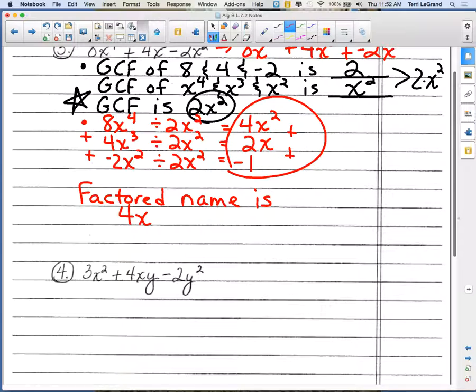And then we have our GCF, 2x to the second power. So 2x to the second power, parenthesis, 4x to the second plus 2x minus 1. So you cleaned it up right away.